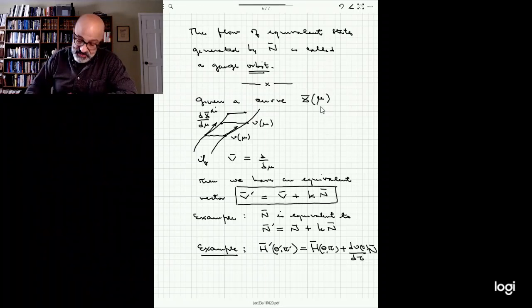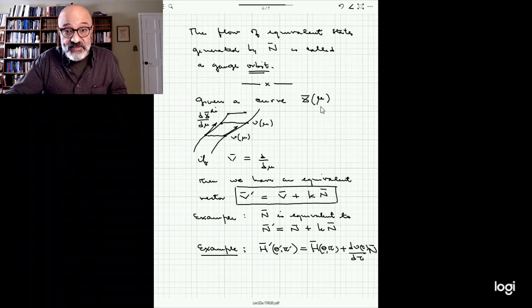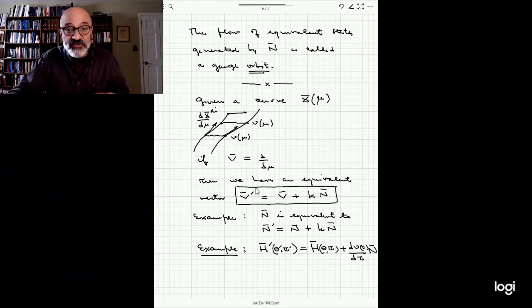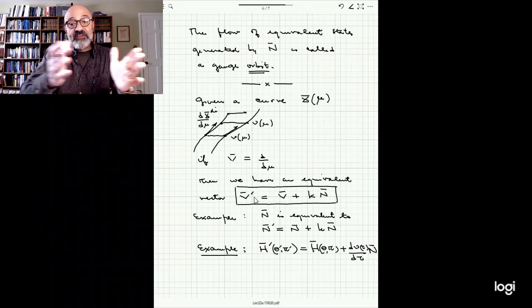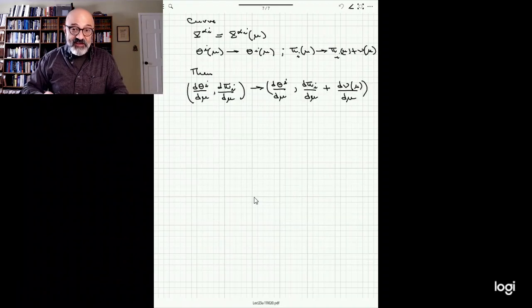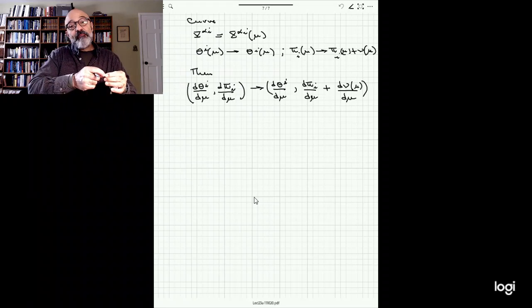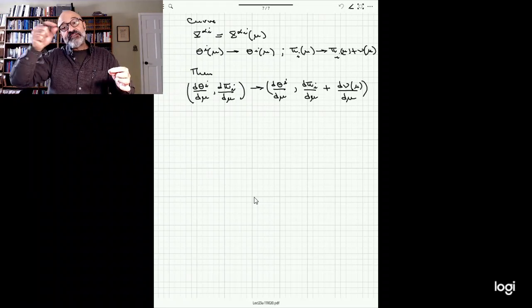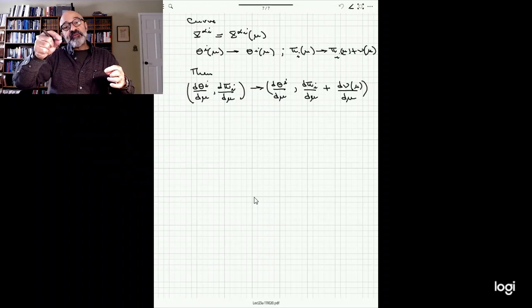Yes, to finish this, once you have a bunch of vectors that are equivalent to each other in the sense that they differ by a certain amount, but represent vectors that are tangent to equivalent curves, you have a family of these guys. Very good. Once you have a family of points in a gauge orbit and they're all equivalent, you might say, I'm going to pick one as being the representative.